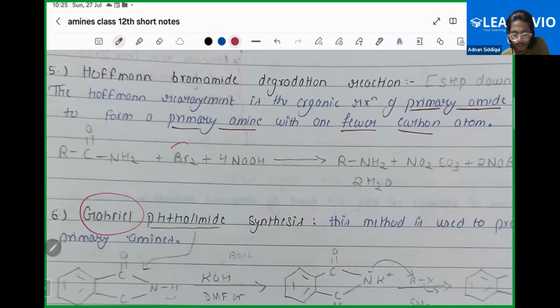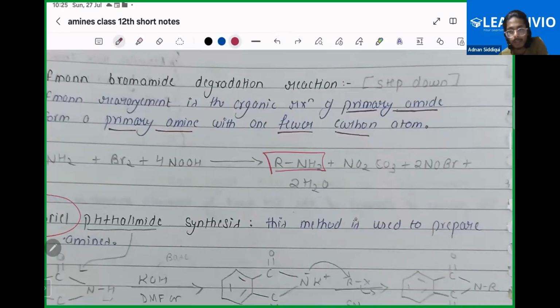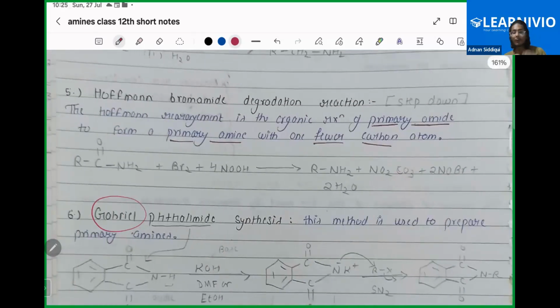In presence of Br2 and NaOH, you produce a 1 degree amine, and the side products are sodium carbonate, NaBr, and H2O. Where you have to produce an amine with one less carbon, this entire species will be removed and you will connect R and NH2.